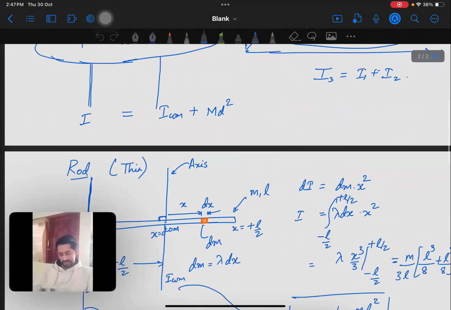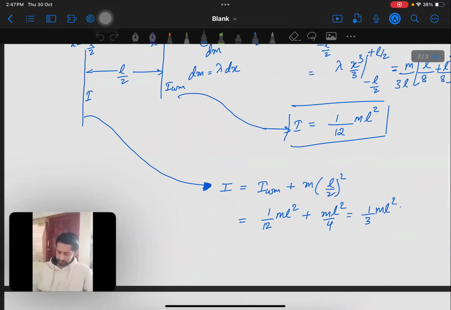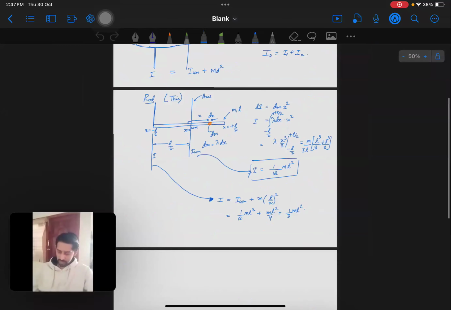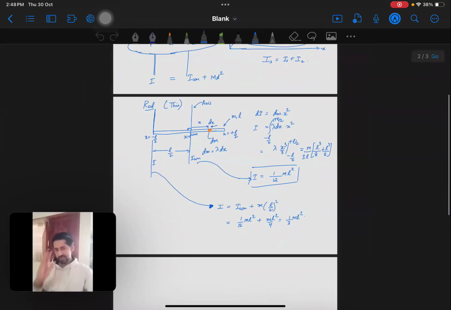Now we were discussing the MI of a thin rod, right? So let's continue with that. So far we have done the MI of this rod about the central axis through one end. And now let's make the axis inclined.